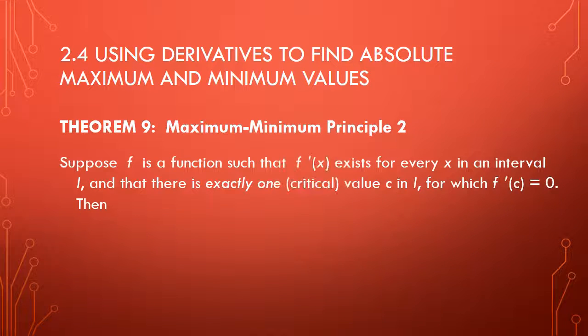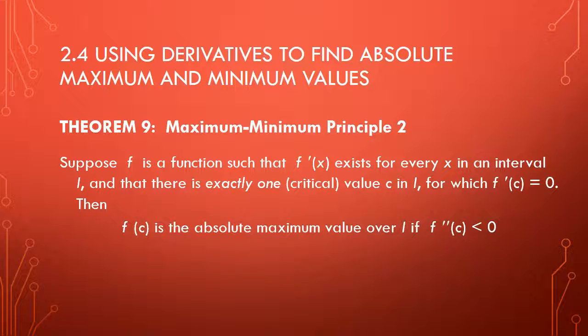Theorem 9 is the second maximum minimum principle, and it says, suppose that f is a function and that the first derivative exists for every x in an interval I, and that there's exactly one critical value where the derivative equals 0. In other words, the last one we had two values where the derivative was 0. This time we only have one within that interval.